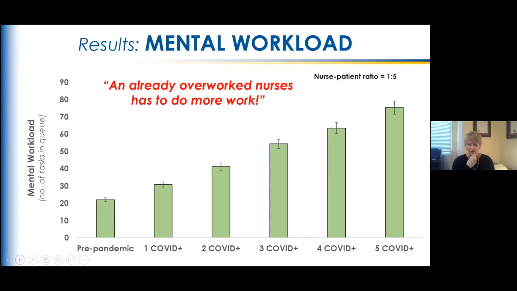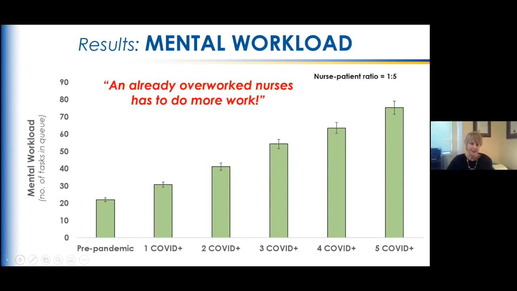So over the shift, you get a stacking of tasks that increase across the day. So the number of tasks in queue range from 22 at baseline up to 75 tasks waiting potentially when the nurse had 5 COVID positive patients. So that's a lot of stress on the nurse in terms of them thinking about things that they may or may not be able to complete by the end of the shift.